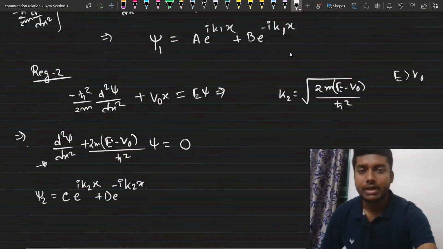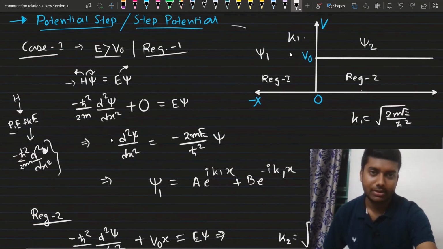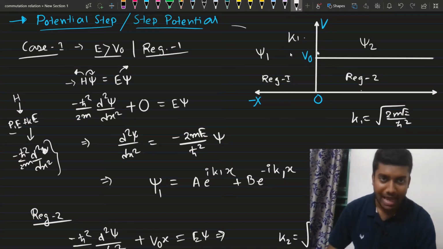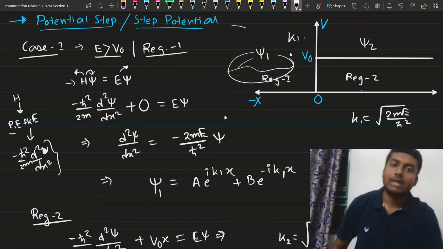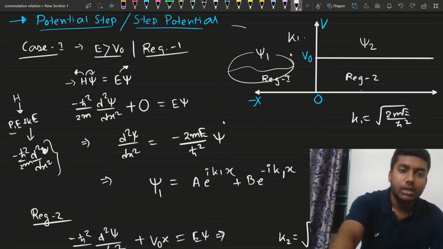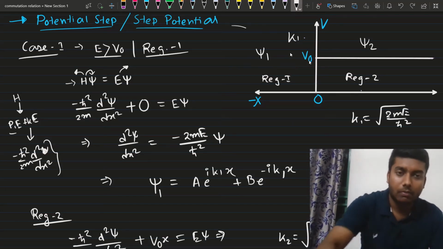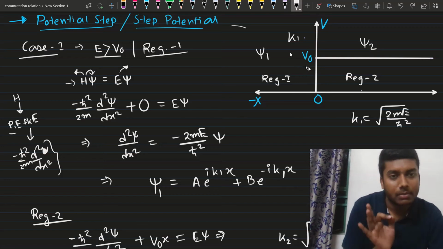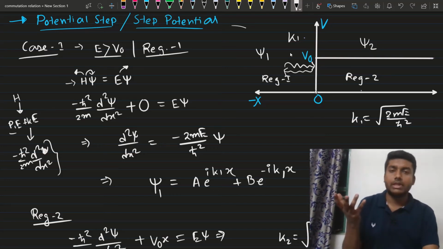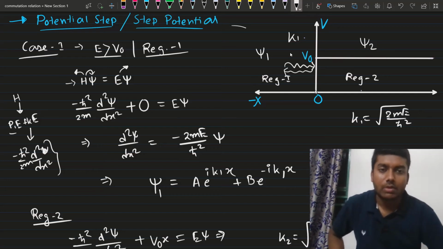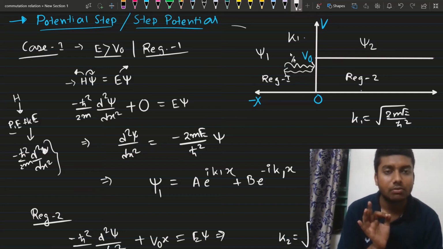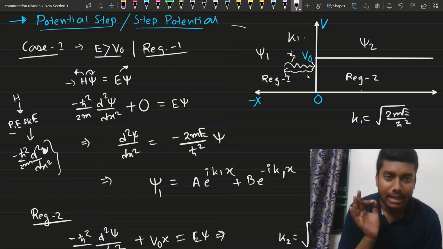Now a very interesting thing: in region 1 the particle is free, but there is a boundary wall at this point. From physical concepts, the wave will reflect from the boundary wall. So there will be two types of wave function: the incident wave and the reflected wave.